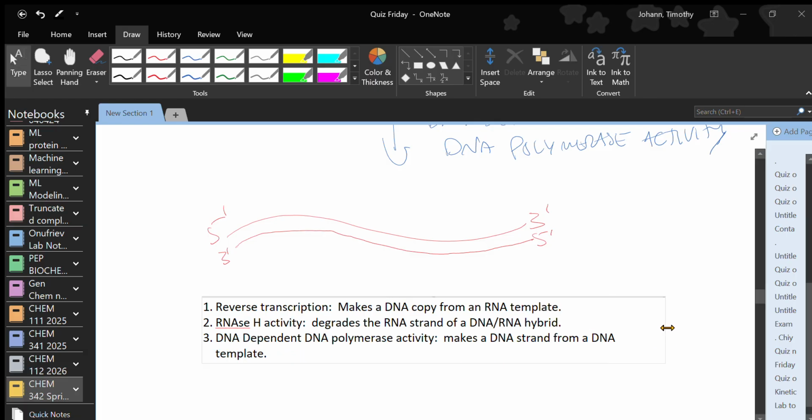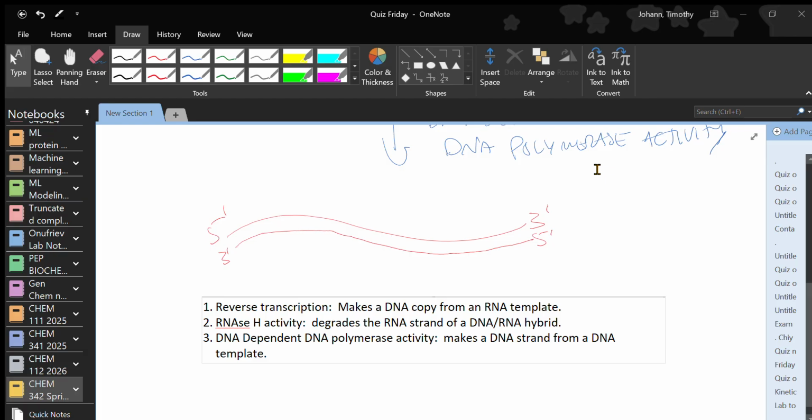Questions on the various activities? Why was the H for in RNase H? I don't know what the H is from historically, but RNase H is always degrading an RNA strand of a DNA-RNA template.